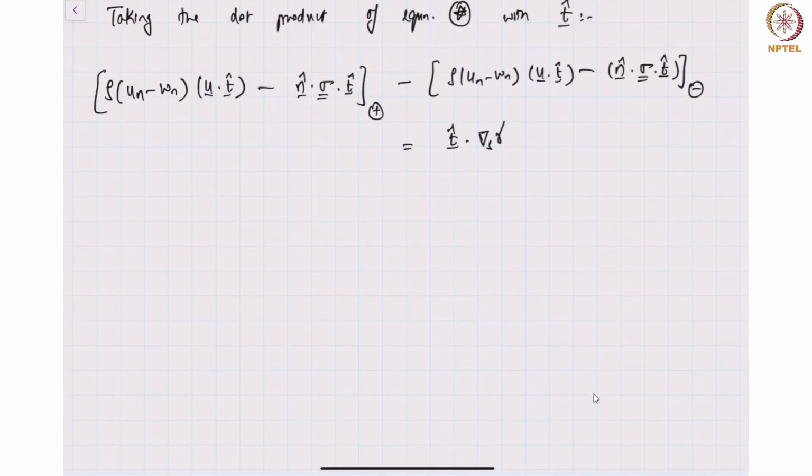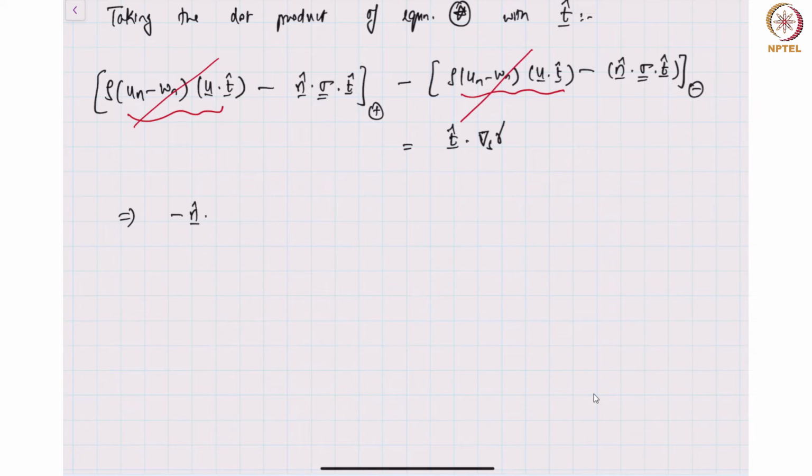Notice that the first two terms are exactly equal, so on the positive side and the negative side they perfectly cancel out, because it's a product of two things which are equal. Rho un minus wn is the same on both sides because of mass balance, and u dot t is also continuous because of tangential continuity of the velocity. Therefore, I can cancel this entire term.